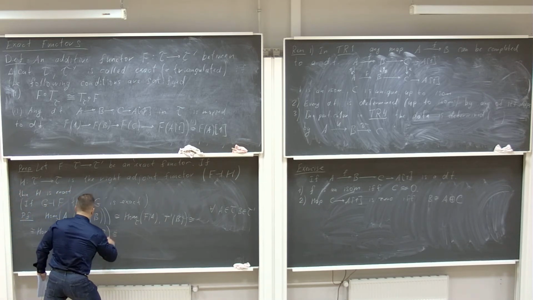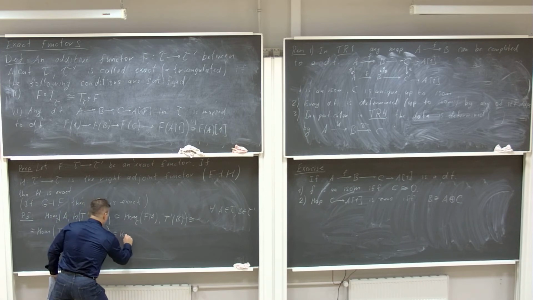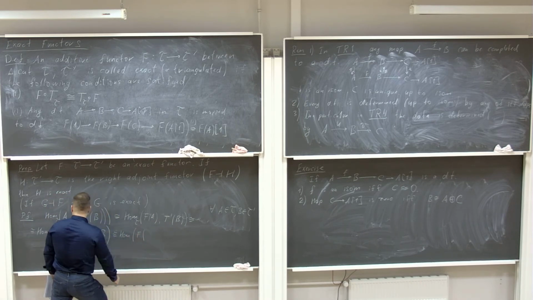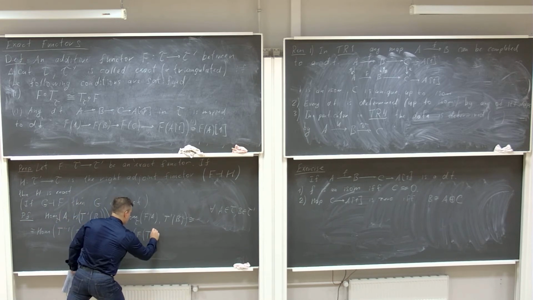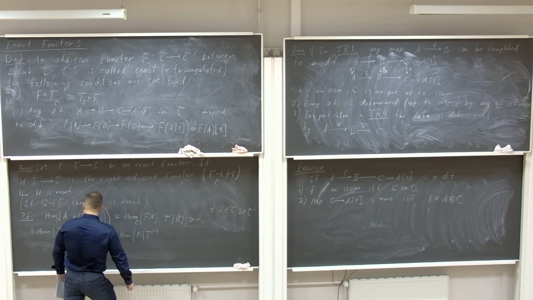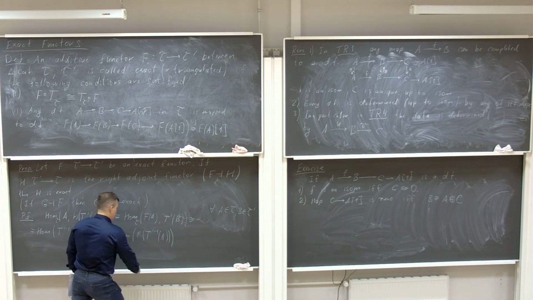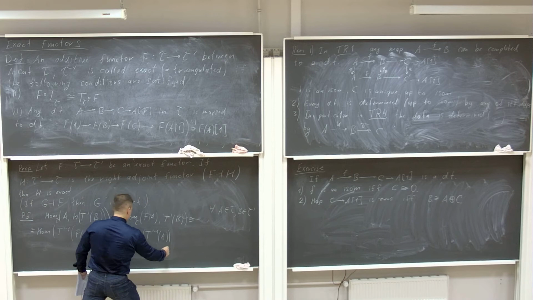So now this thing is isomorphic to the Hom, and I write this as F applied to T prime inverse A, and B.